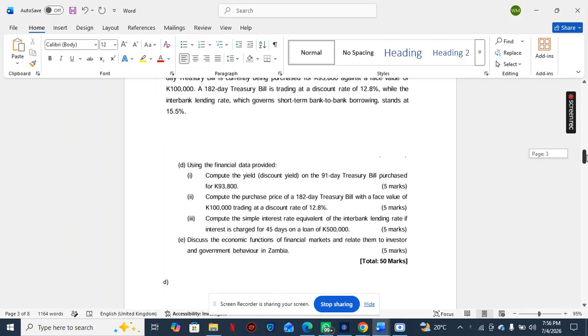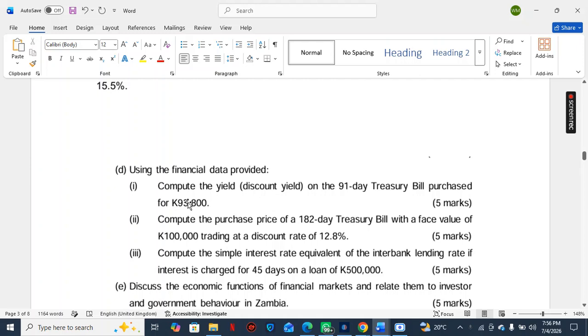Okay, so we're looking at this question here. It says, using the financial data provided, compute the discount yield on the 91-day Treasury bill purchased for 93,800. All right, so colleagues, remember Treasury bills. You always buy them at a lower price than the face value or the par value.